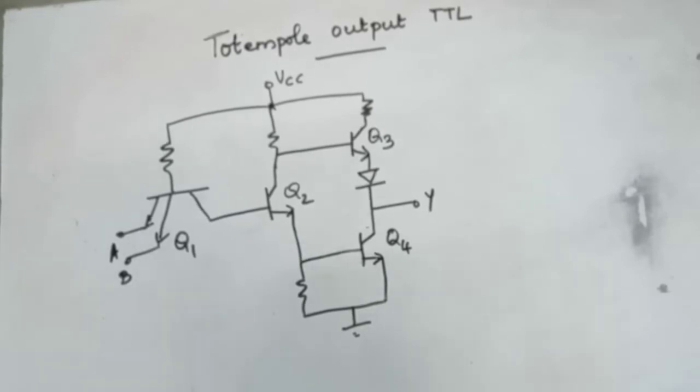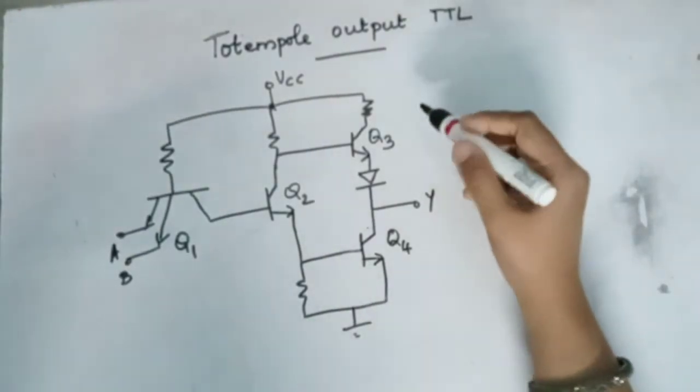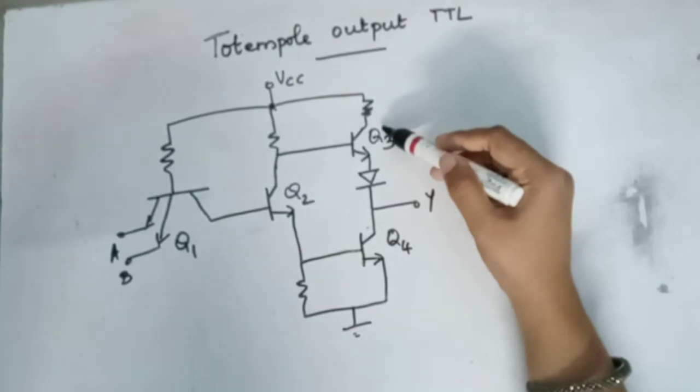This is because of the output from where we are taking it. Here we are taking the output from Q3.